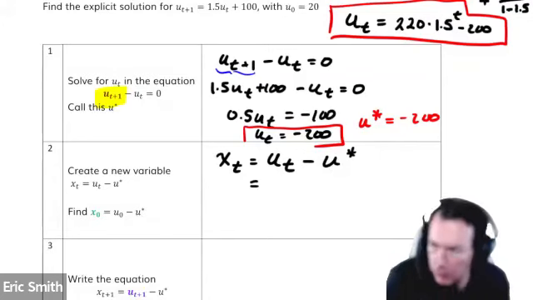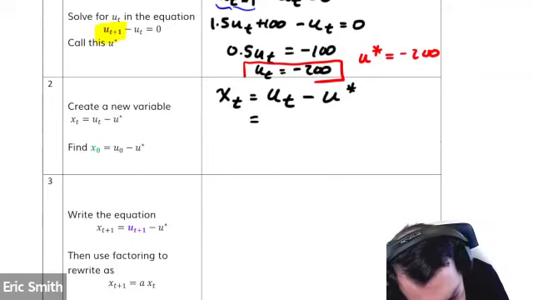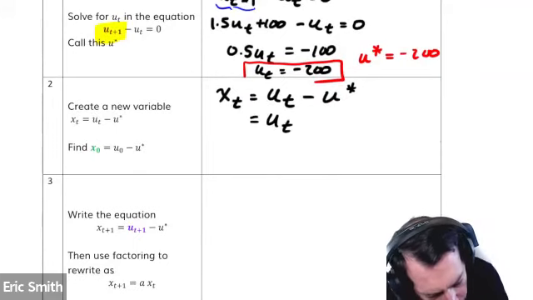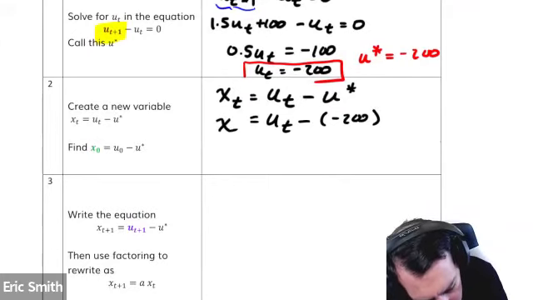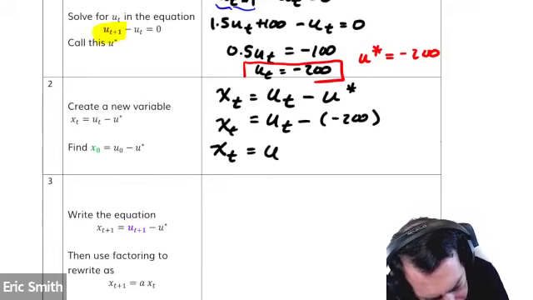So what's my value for u sub t? Let's see. And let's see, minus my minus 200. So x sub t would have to equal u sub t plus 200.